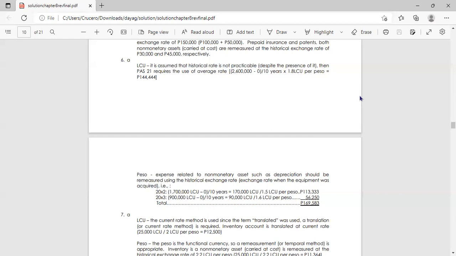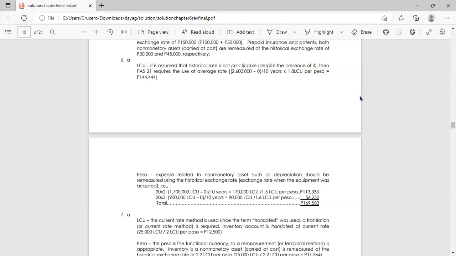Of this amount, 1.7 million local currency units were acquired in 20x2 when the rate of exchange was 1.5 local currency units to 1 peso, and 900,000 local currency units were acquired in 20x3 when the rate of exchange was 1.6 local currency units to 1 peso.